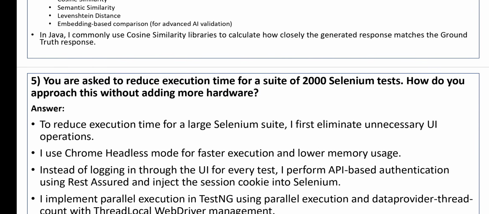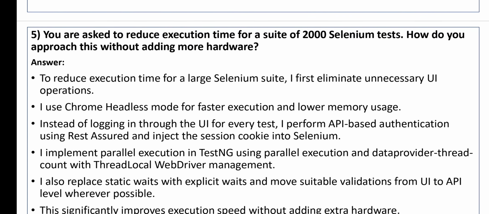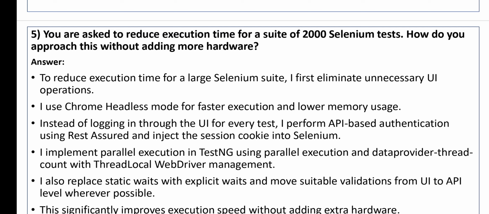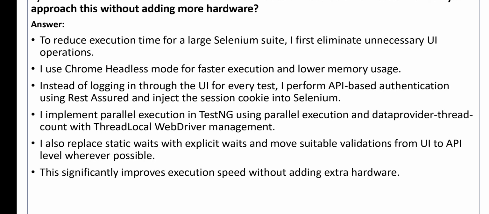The next question goes like, you are asked to reduce the execution time for a suite of 2000 Selenium tests. How would you approach this without adding more hardware? You can give the answer with several points. You can use Chrome headless mode for faster execution and low memory usage, and eliminate unnecessary UI operations.